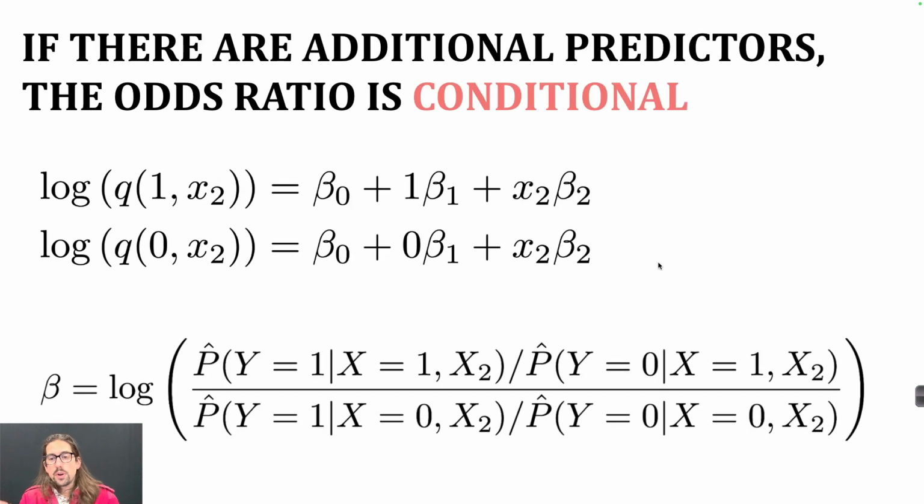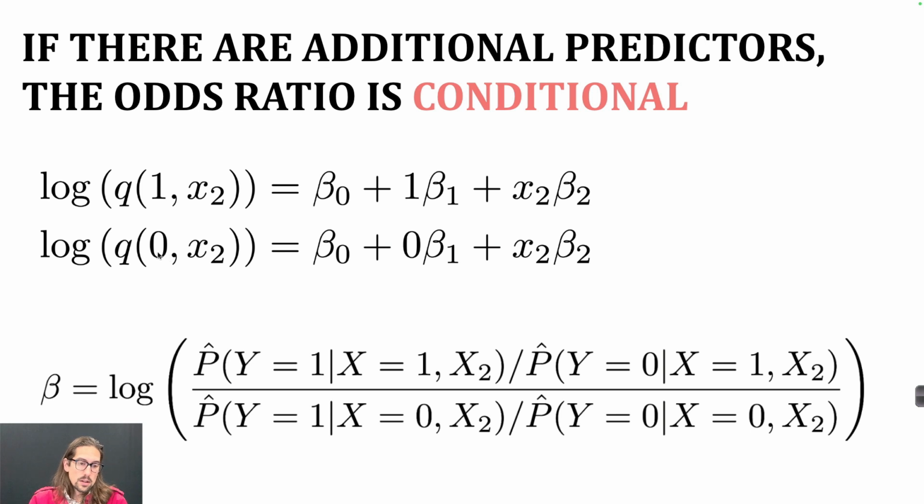If there are additional predictors, you get a conditional odds ratio. So here, let's say x2 goes in here as well. Then you have to interpret this. Here we have q of 1 at an x2. So this is the odds at x1 equals 1 and x2 equals little x2.